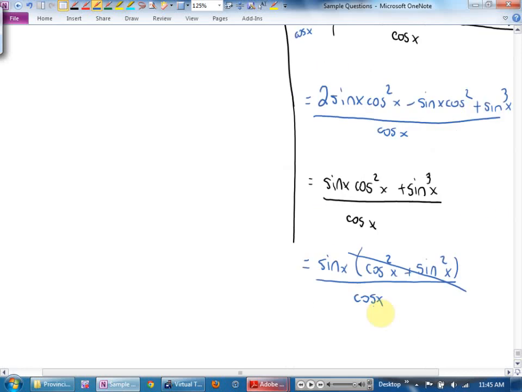Well, I got 3 trig functions. Let's rewrite everything in terms of sine and cos. This is sine over cos plus, if I have one fraction, I want everything to be fractions. Is this a 4-level fraction?